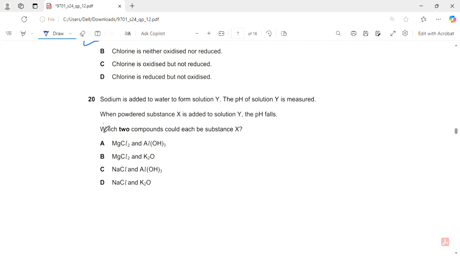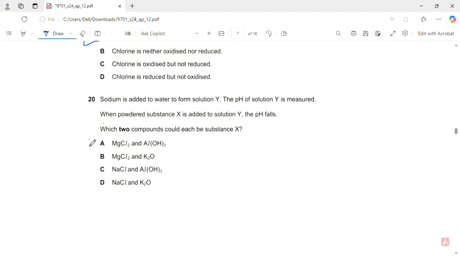HCl and magnesium chloride, aluminum peroxide and magnesium chloride, K2O, NaCl. It should be B. No. B, C, no. C, D, there's no D. I think A. Oh yes, A. Magnesium chloride and aluminum. Yes, this is the answer.